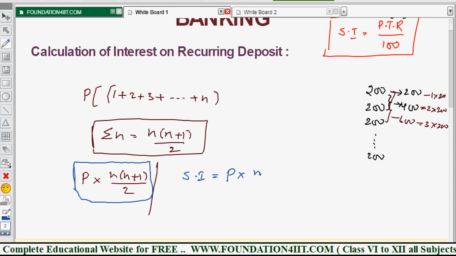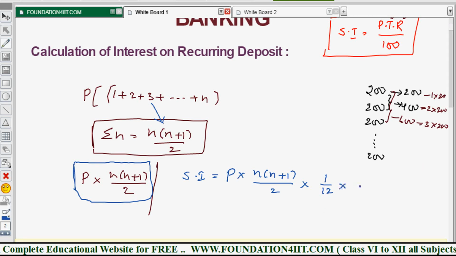So P into n into n plus 1 by 2, because n into n plus 1 by 2 is the formula for the sum of n numbers. That is the principal. And time is for every month, so 1 by 12, because 1 month converted to years is 1 by 12.